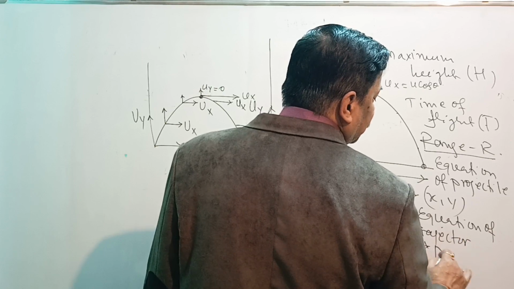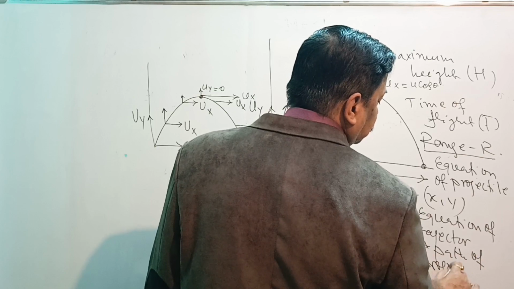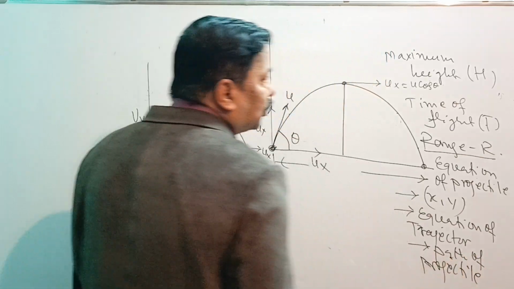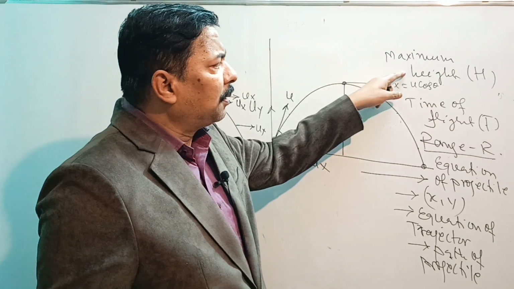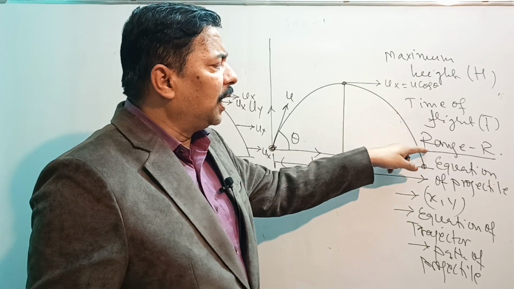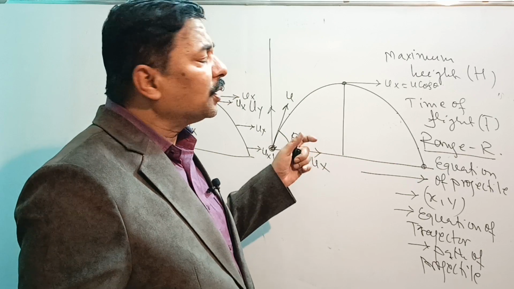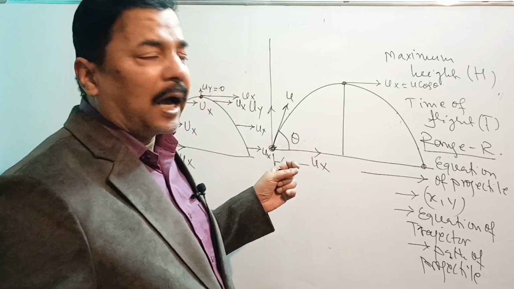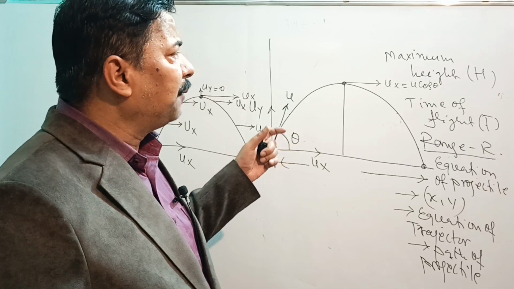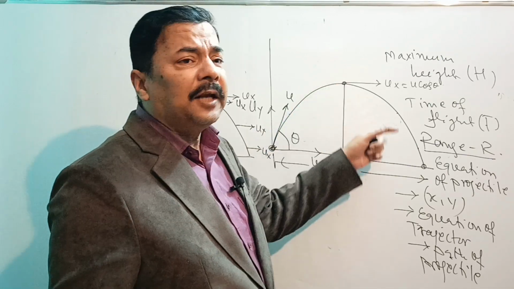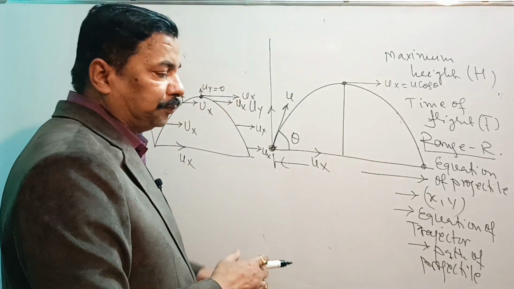Trajectory is path of projectile. So mainly we will have to focus on these 4 parameters: maximum height, time of flight, range, and equation of projectile. So let us try to understand with the basic knowledge of kinematics how that knowledge can be applied here, and we will be able to get the expression for these terms.